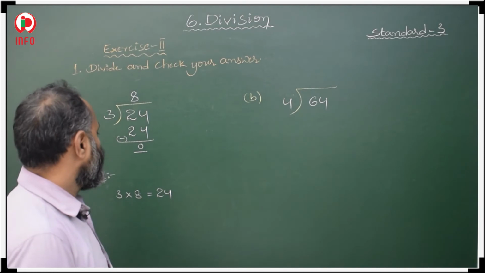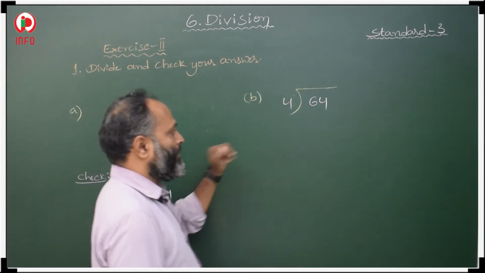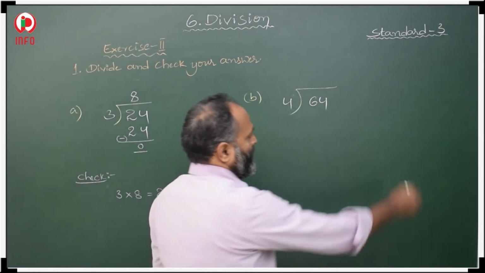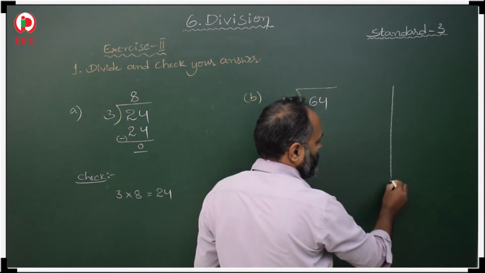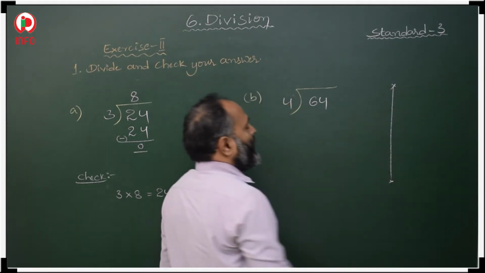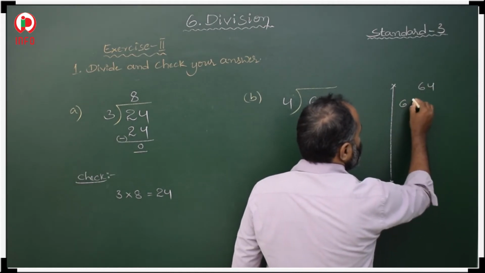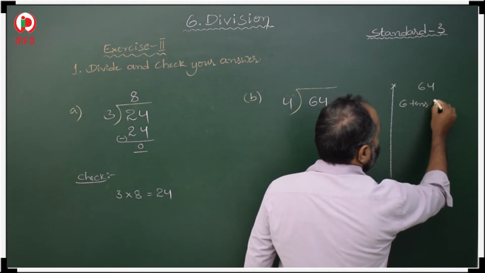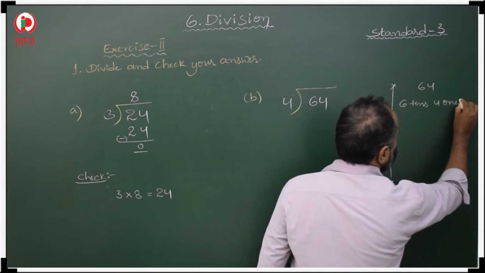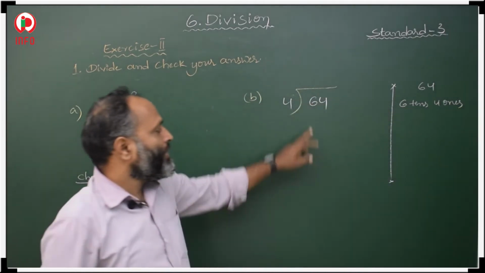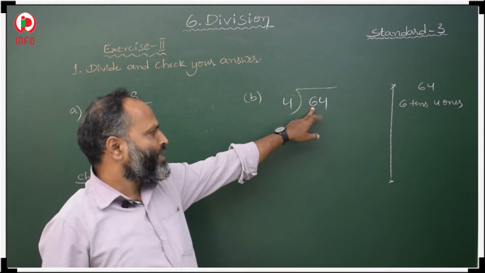Now, in question B, make a rough column first. So here 64 means 6 tens, 4 ones. Now first we have to check 6 and 4.